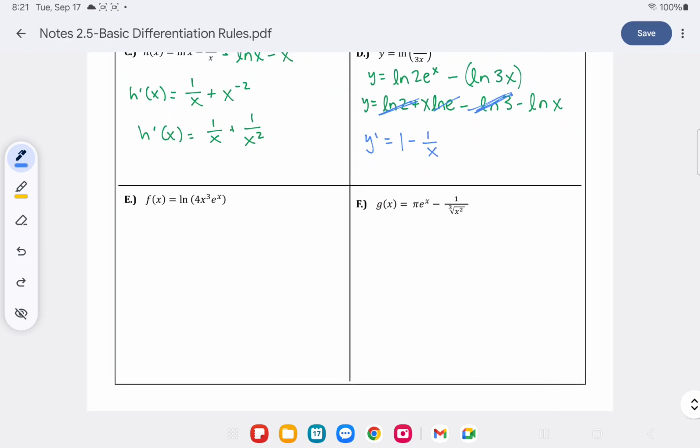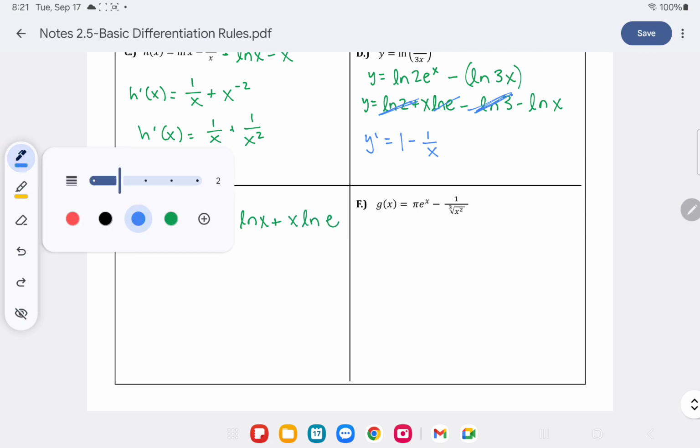All right, 2 more. We've got the product rule and the power rule going on here. So I'm going to first start by rewriting f using log properties. So this would be ln of 4 plus 3 ln of x. I'm using the product property and the power property there, plus x ln of e.